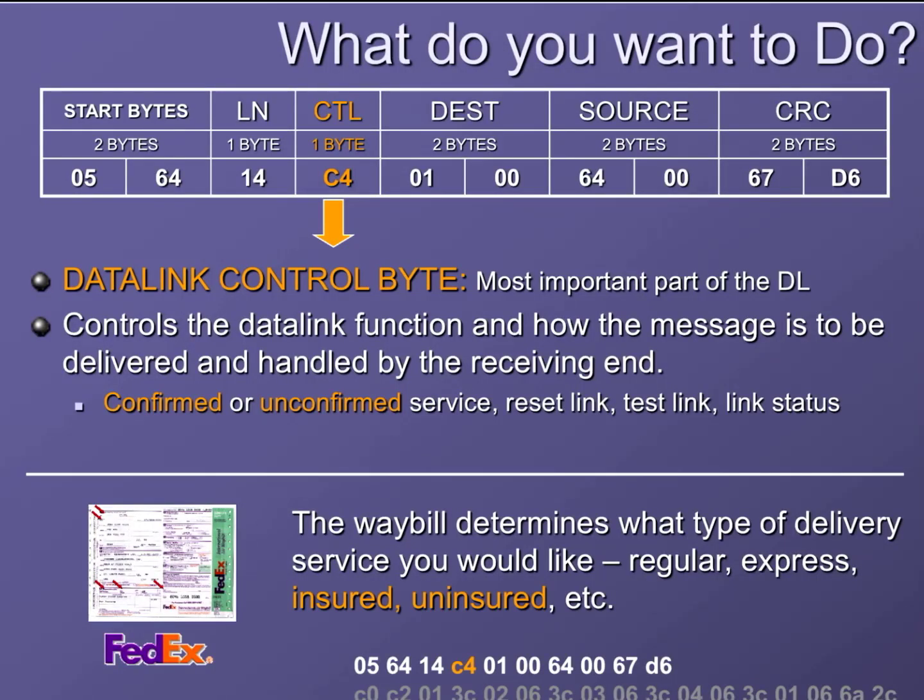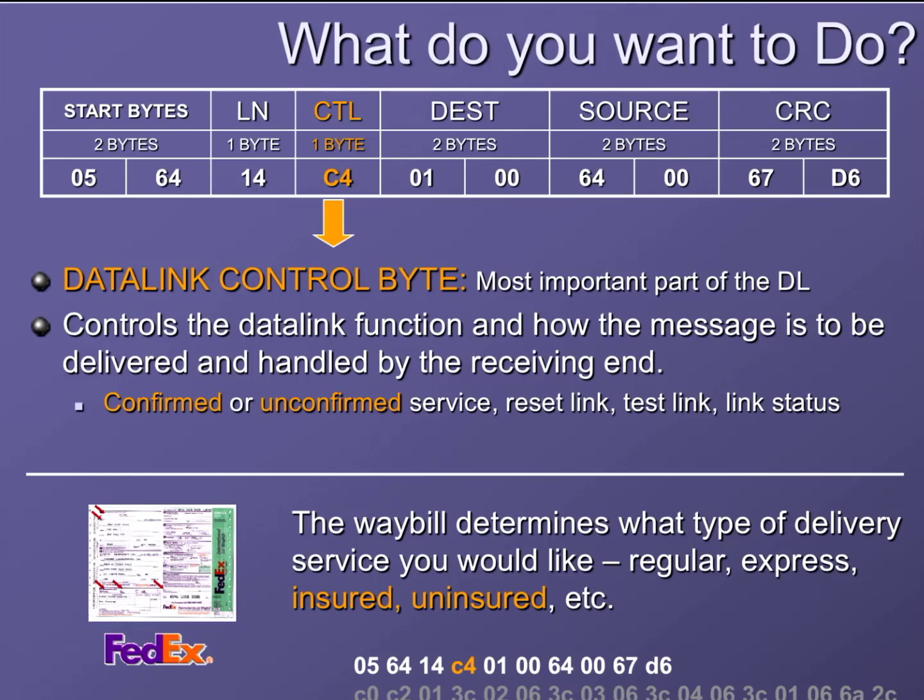So then we come to what's called the DataLink control byte. The DataLink control byte is really saying, okay, what is it that we want to accomplish with the DataLink header? Now, this shouldn't be confused with what we want to accomplish when it comes to the application header, because the application header is where we specifically say the type of data that we want to read as an object group, and whether we want to read it, write it, freeze it, or operate it.